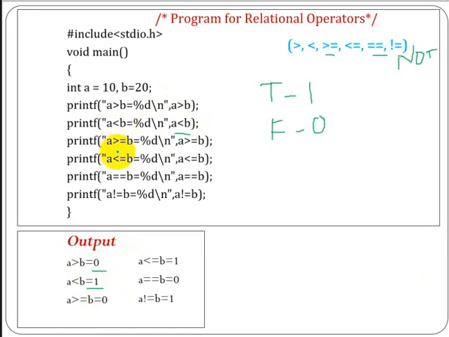When you compare A greater than or equal to B, no, it's not greater, so it will return 0. It also checks for equal to. For example, suppose B is also 10, then you will get this value as 1. Now assume the previous one itself.